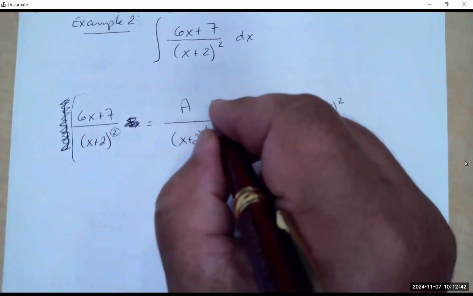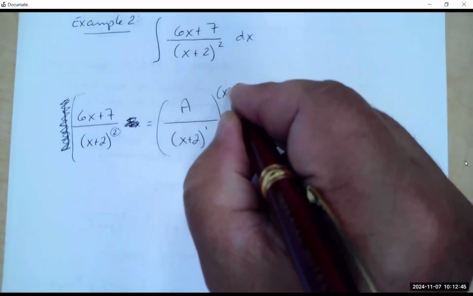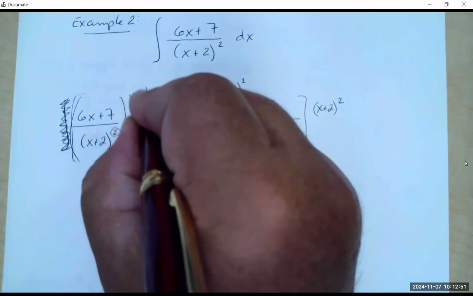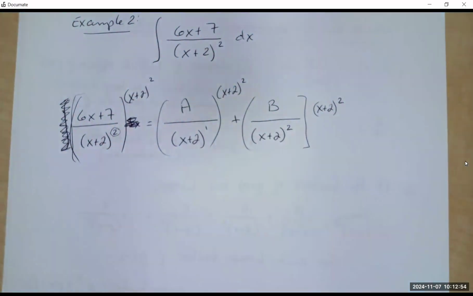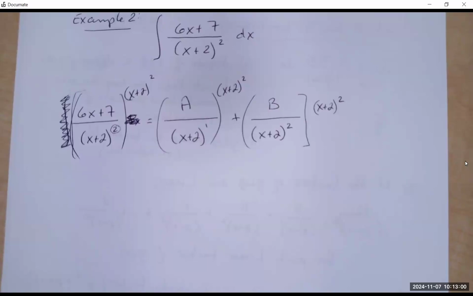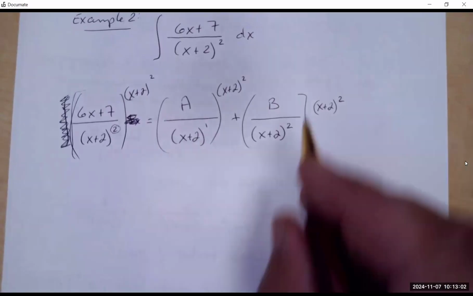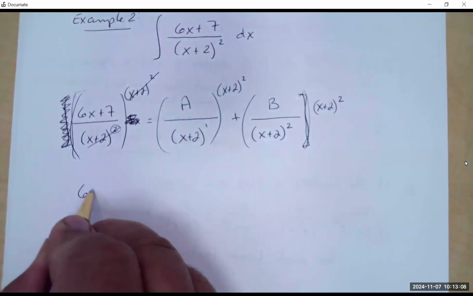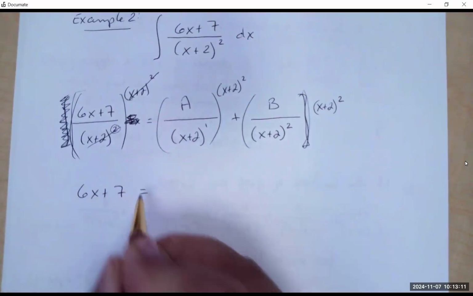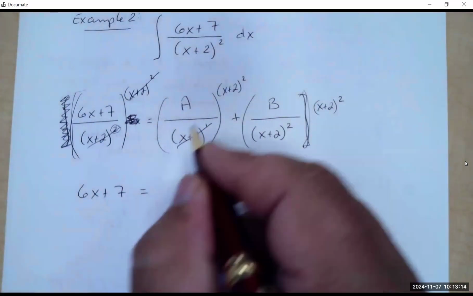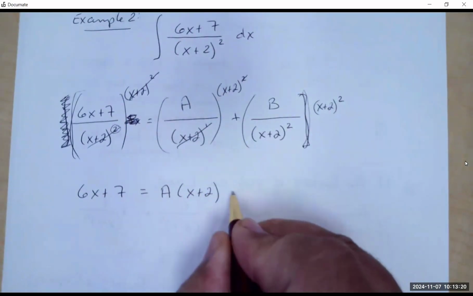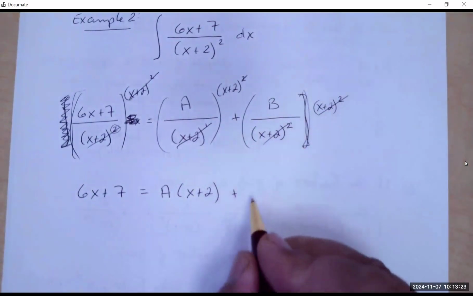So multiply each term by the LCD, which is x plus 2 squared, because we're trying to get A and B by themselves. So in the first one, the x plus 2's cancel, gives us 6x plus 7. In the second one, one of those x plus 2's cancels. And then in the last one, both cancel, and we just have this.